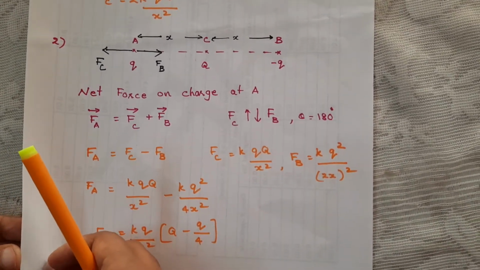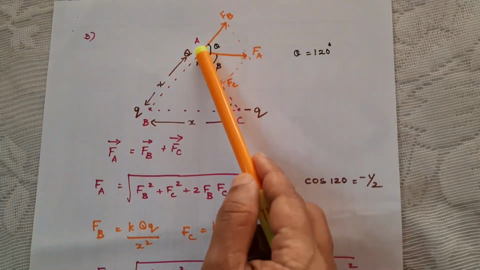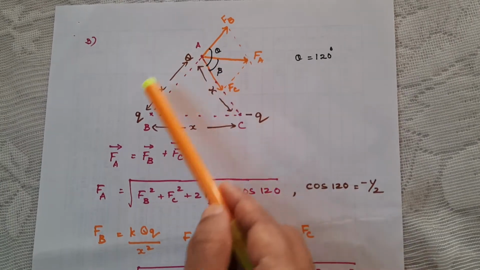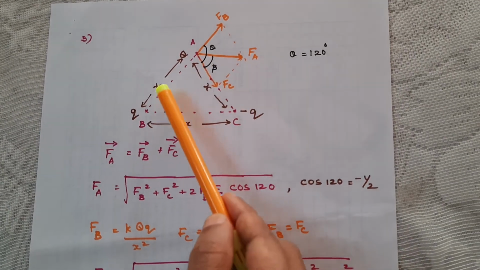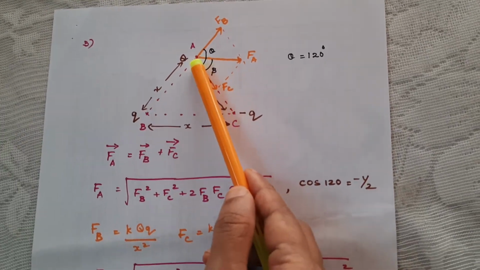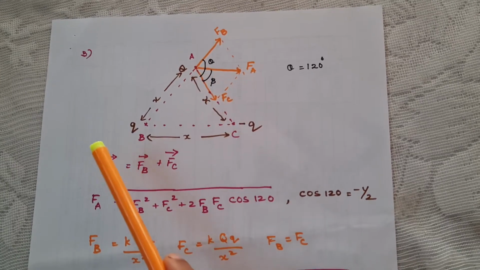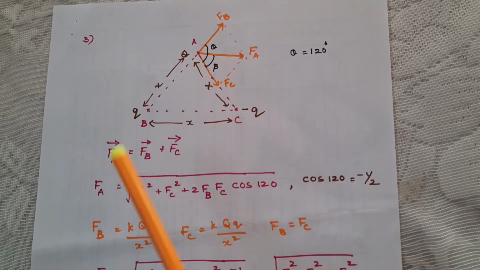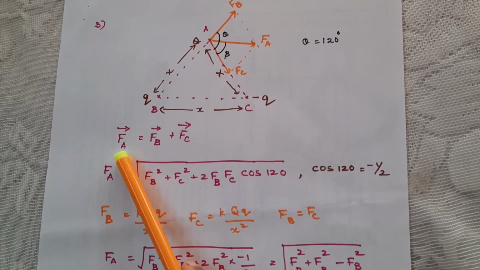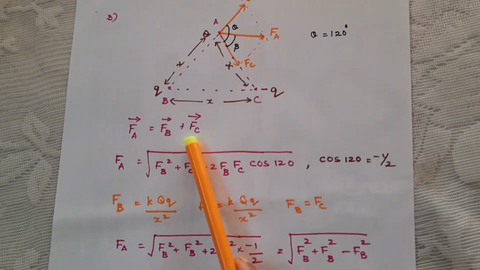Let us consider the third case. The charges are at the corners of an equilateral triangle. The side of the triangle is x. Let us find the net force on the charge at A. Net force Fa is a vector sum of Fb and Fc.